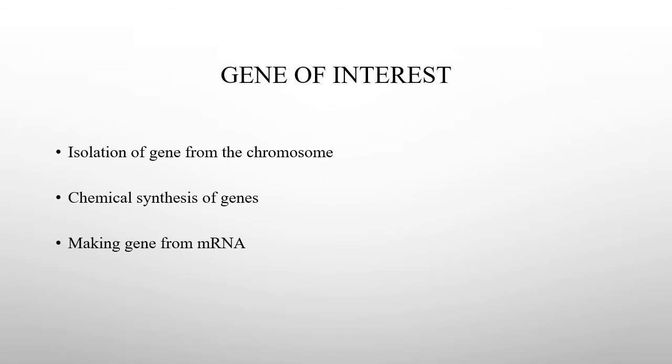And there are different ways in which we can isolate the gene of interest. Firstly, the gene can be isolated from the chromosome by cutting the chromosome on the flanking sides of the gene. Special enzymes called restriction endonucleases are used to cut the genes.